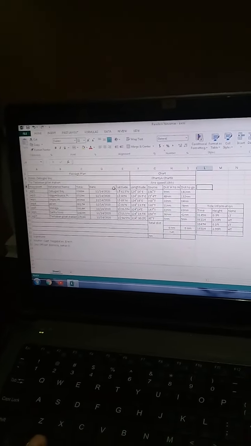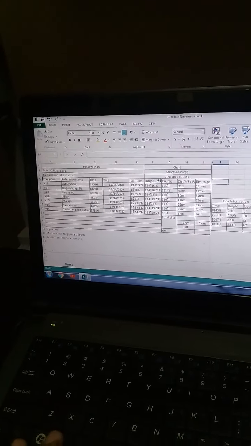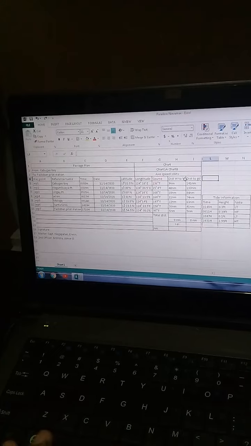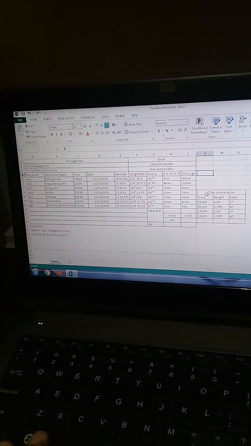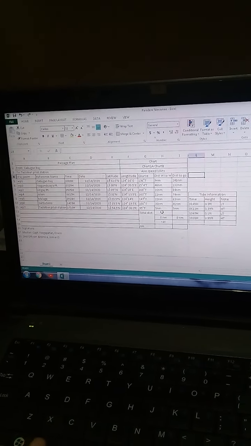So this is all the waypoints: reference name, time, date, latitude, longitude, course, distance waypoint to waypoint, distance to go, and the tide information.